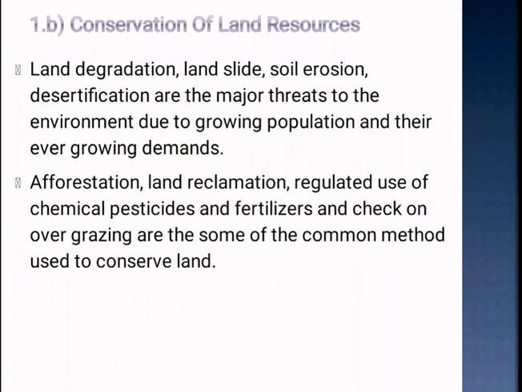In order to check land degradation, landslide or soil erosion, we need to give more importance to afforestation and the regulated use of chemical pesticides. Through that, we can conserve the natural resources and the soil, and preserve it for future generations.